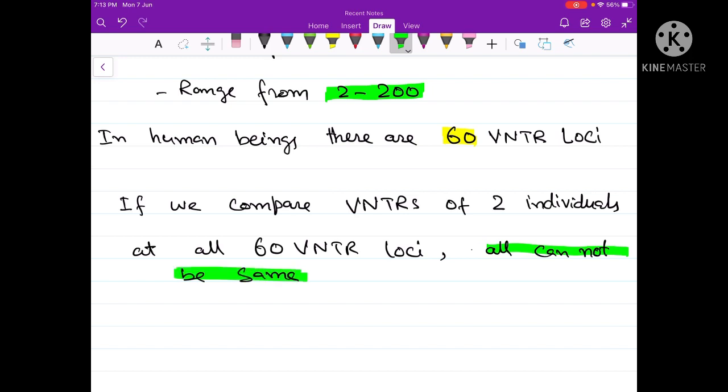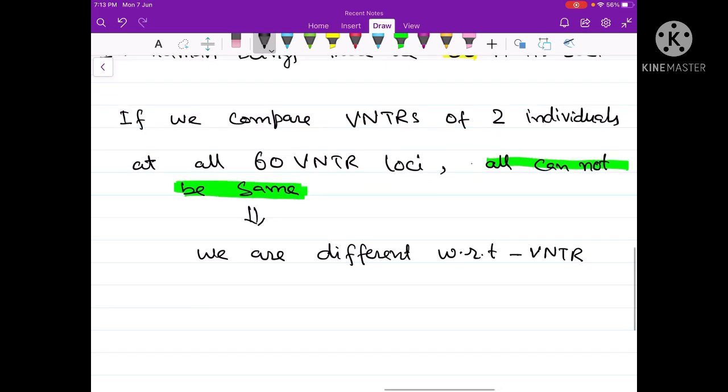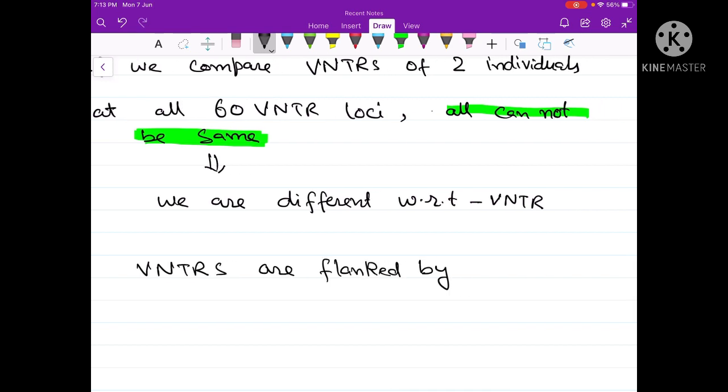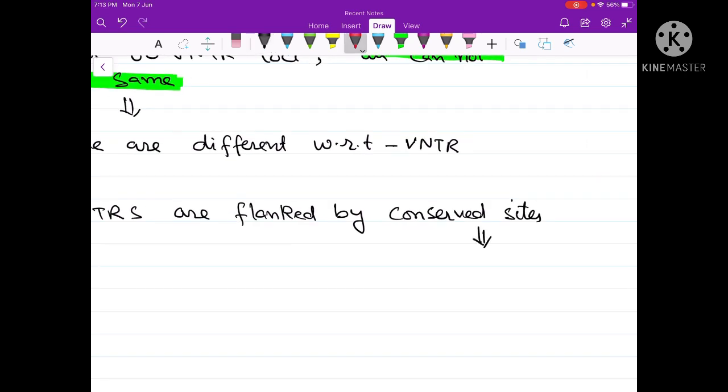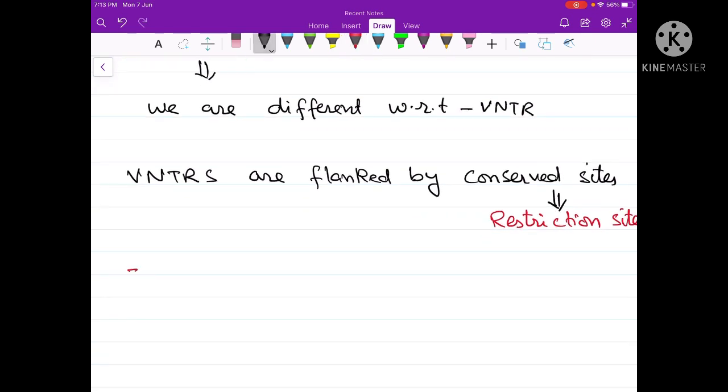There will definitely be some differences with respect to the number of basic repeats at a particular VNTR. So this shows that we are different with respect to VNTRs. VNTRs are flanked by conserved sites called restriction sites. So all the VNTR loci will be flanked at their ends by restriction sites.